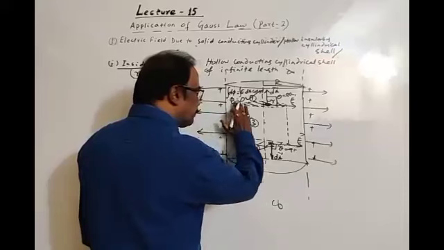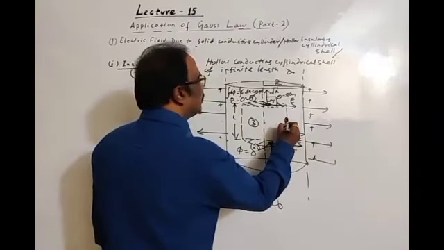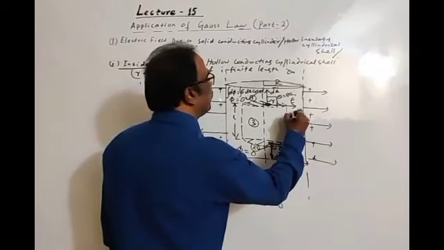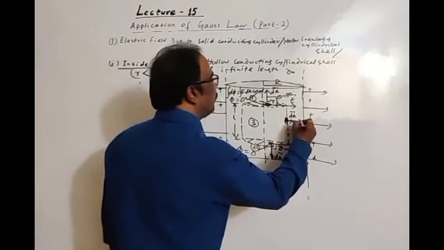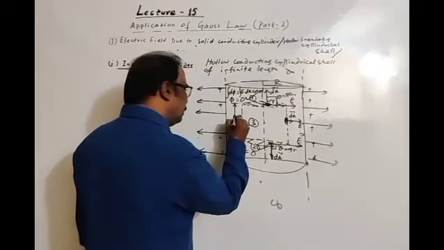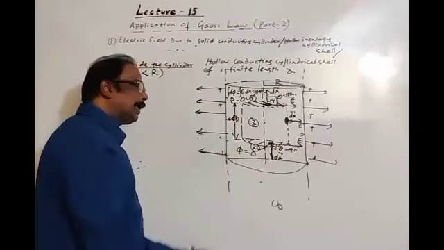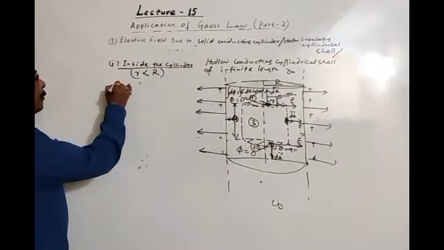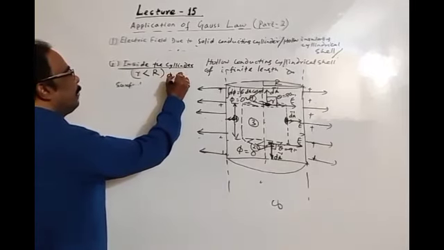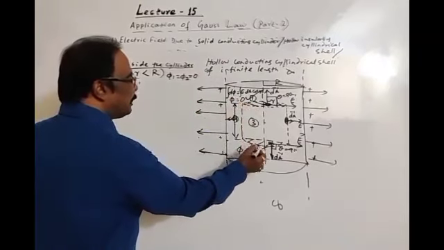For the curved surface 3, see, this is the elemental area, the direction of the elemental area is dA, and this is also the direction of the electric field, in the outward direction. You may take it on this side also, this is dA, this is the electric field. You may take any side. Then for surface 3, here φ1 is equal to φ2 is equal to 0 for surface 1 and surface 2.